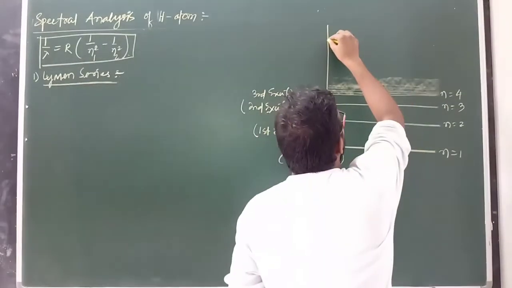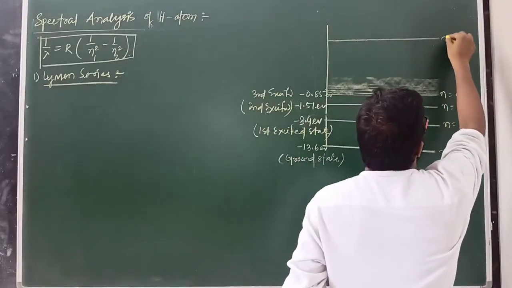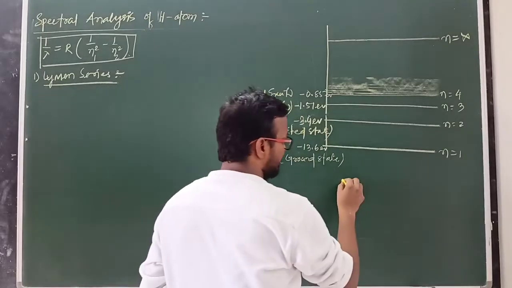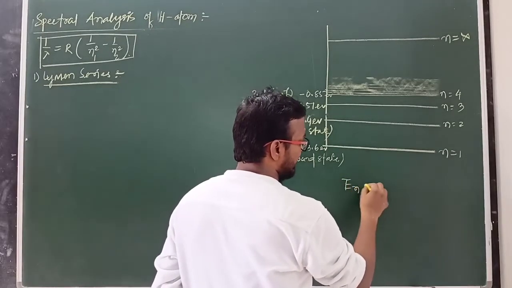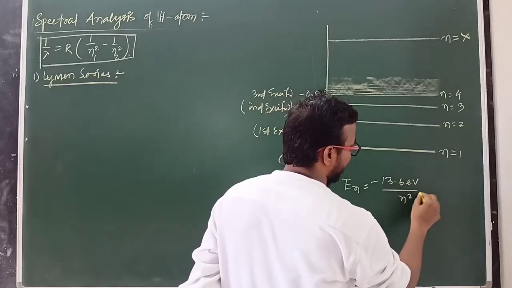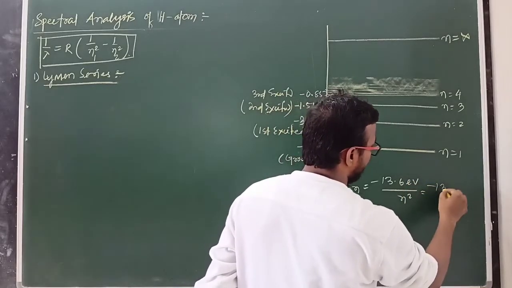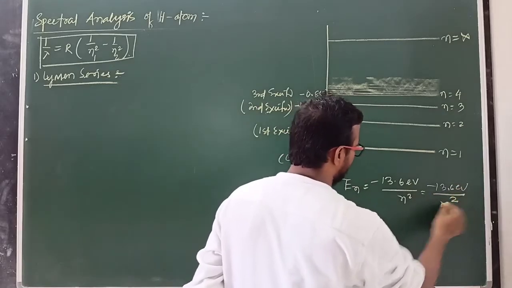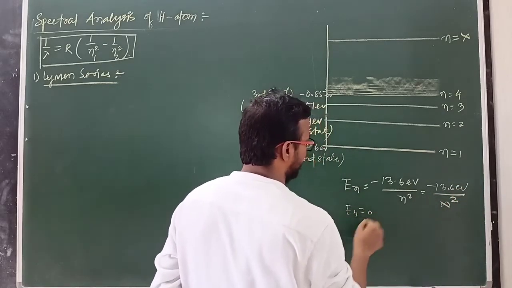Now when you come to the n-th orbit, when n equals infinity, the general relation is En equals minus 13.6 electron volt by n square, which is minus 13.6 electron volt divided by infinity square. So I get the energy, that is 0.